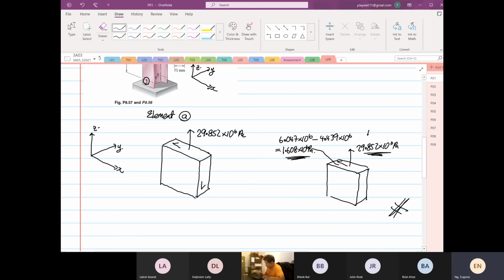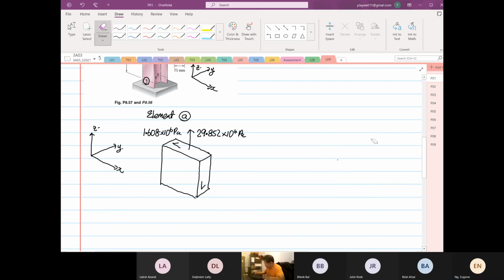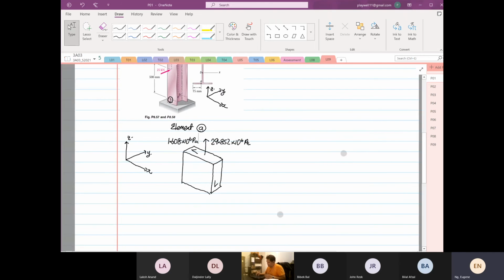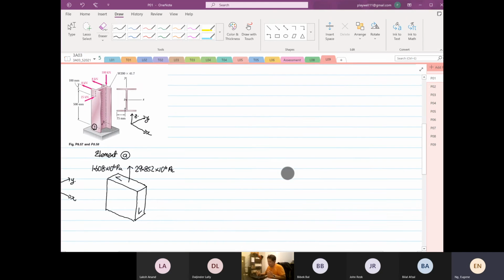I'm going to do the 2D Mohr circle with you so you will understand better. The shear is 1.608 times 10 to the power 6 Pascal. Now we have looked at the stresses on this element. Then we're going to select a material for it.